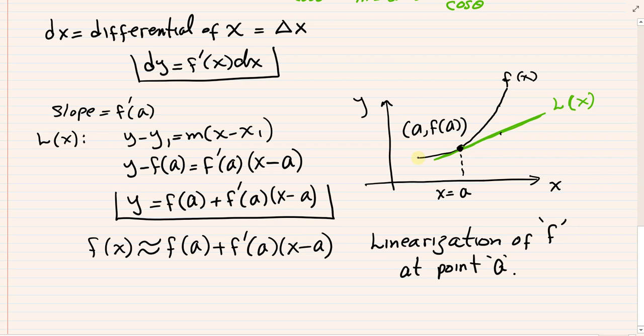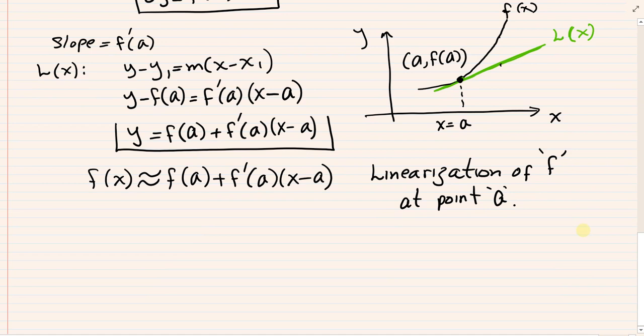Alrighty. We talked about linearization. Now let's talk about another idea here. Therefore, we can write f at x plus delta x approximately equal to f of x plus the differential of y.